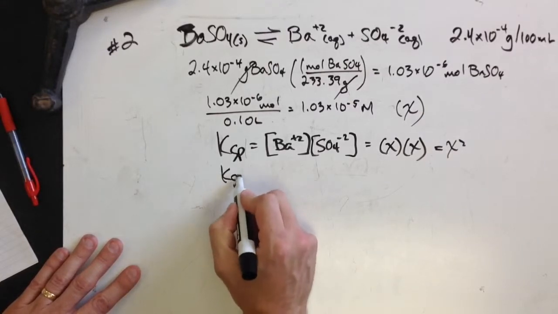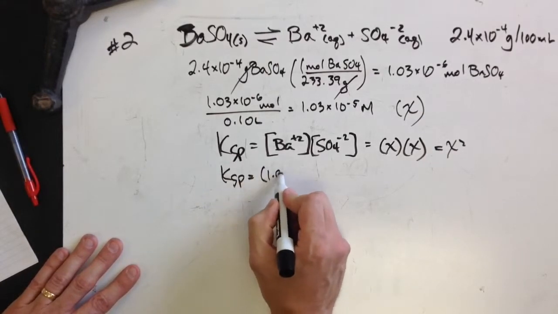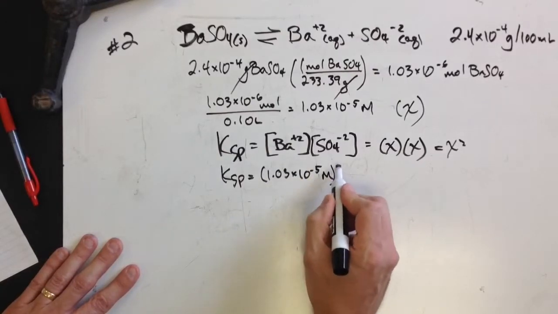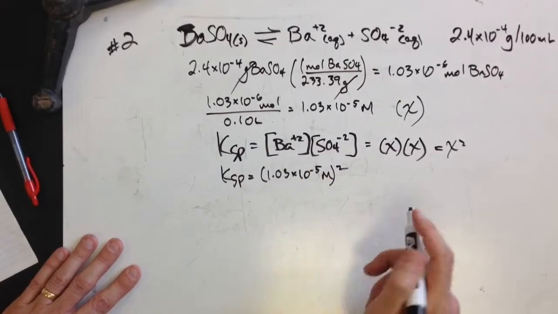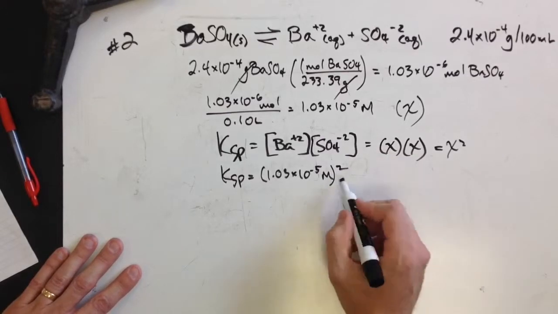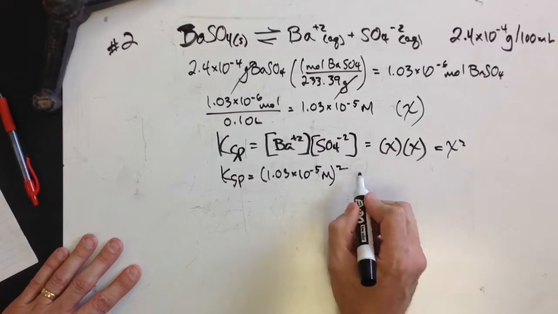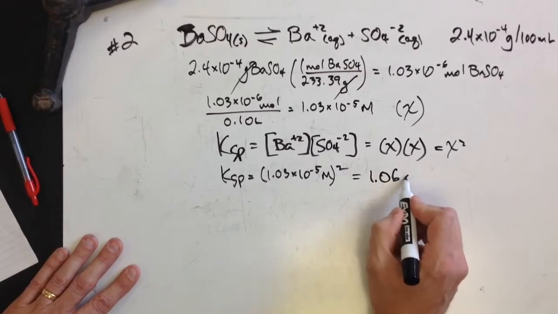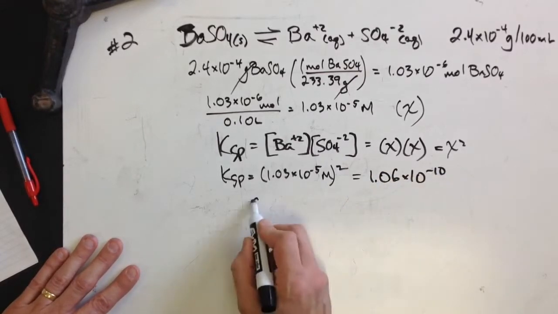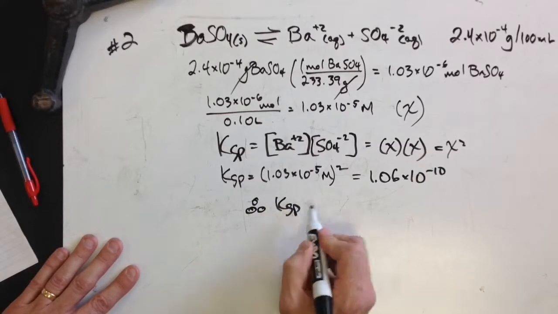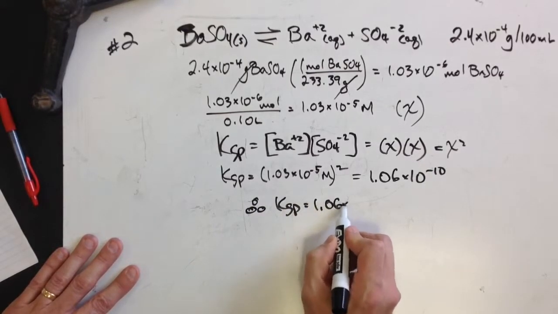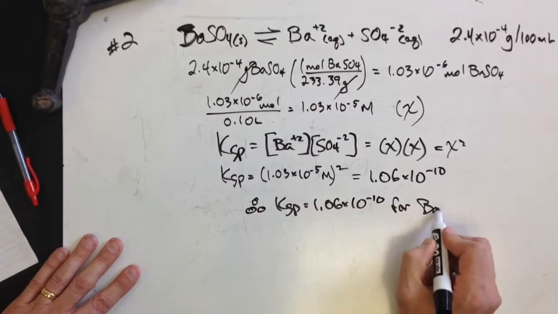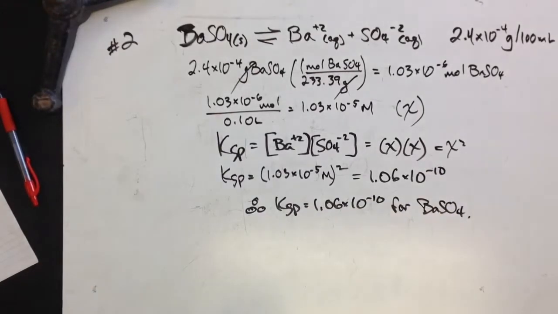So our KSP then is just going to be 1.03 times 10 to the negative 5 squared. And obviously we don't care about the units in the KSP value, but that would come out to 1.06 times 10 to the negative 10. So therefore the KSP is 1.06 times 10 to the negative 10 for barium sulfate.